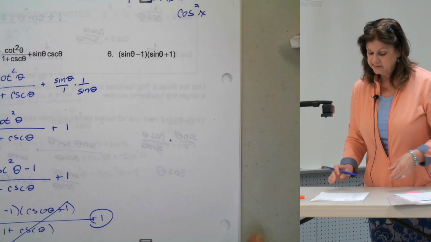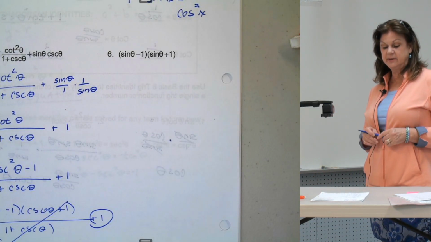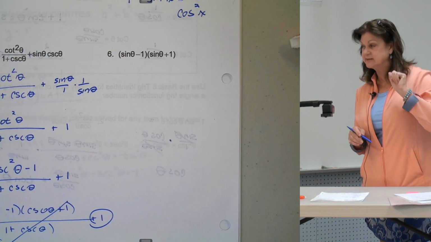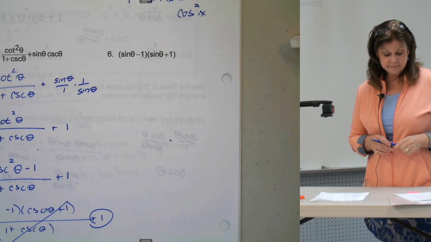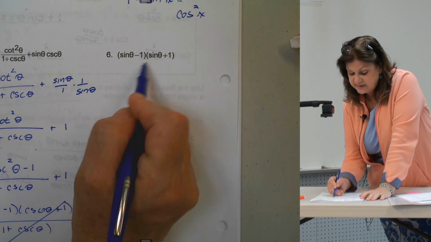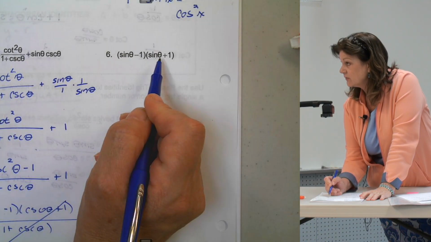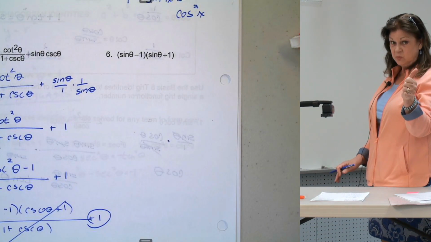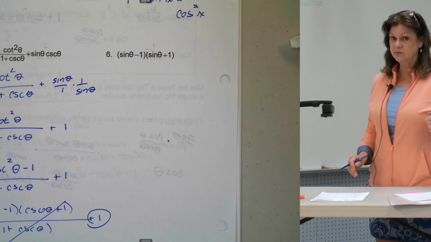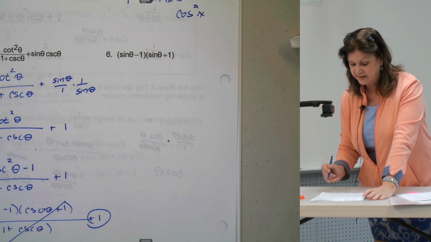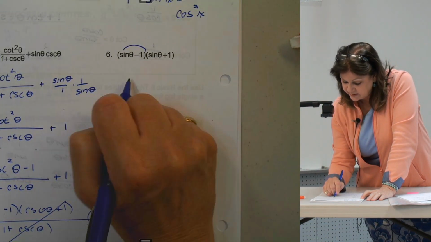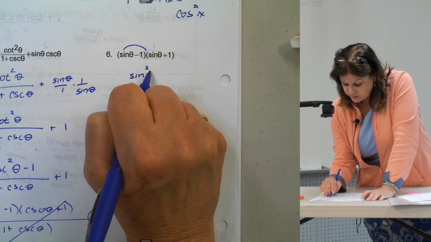Let's look at 6. I'm trying to write sine theta minus 1 times sine theta plus 1 as a single trig term. Well, I can't cross anything out here, and I can't cross anything out here. But I'm seeing the number 1 and the potential to have sine squared theta, which leads me back to granddaddy. So here we go. Sine times sine, sine squared theta.